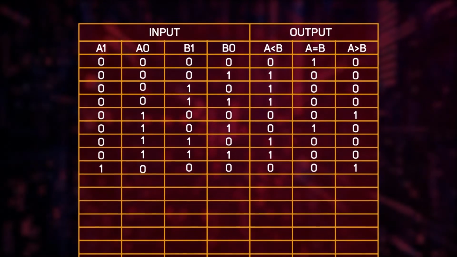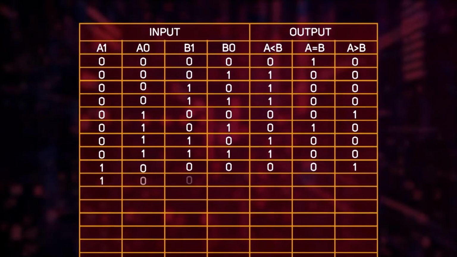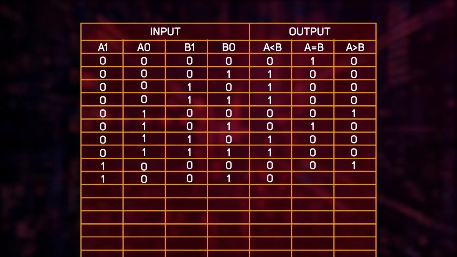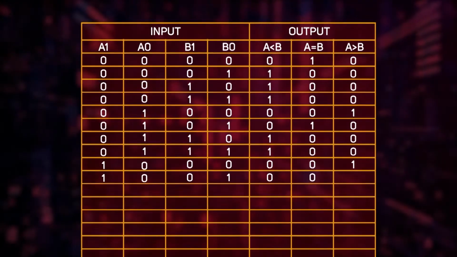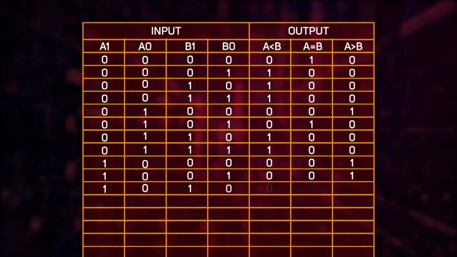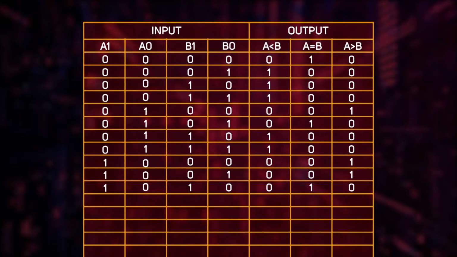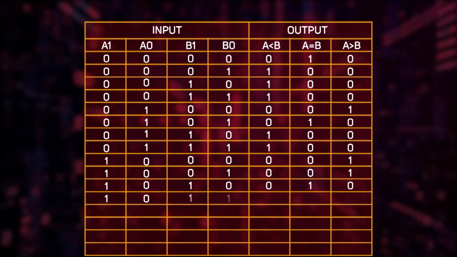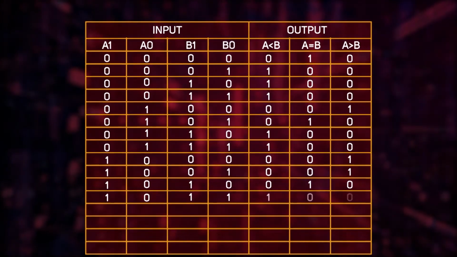Then if A is 1 0 and B is 0 1, A less than B is 0, A equal to B is 0 and A greater than B is 1. Again, if A is 1 0 and B is 1 0, the outputs are 0 1 0. A is 1 0 and B is 1 1, the outputs are 1 0 0.